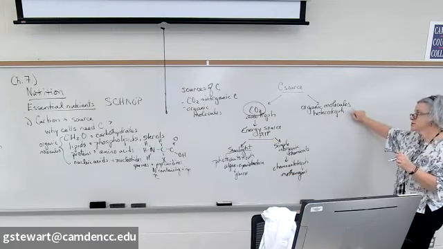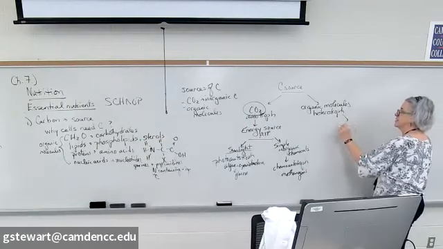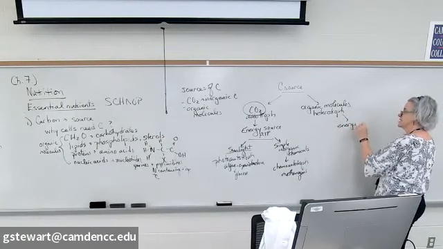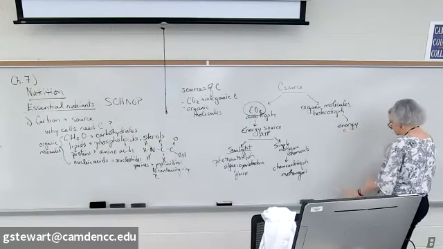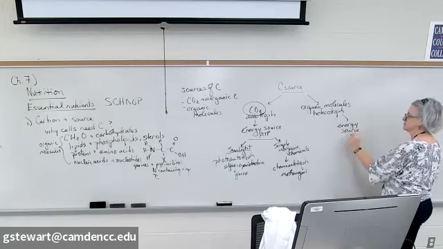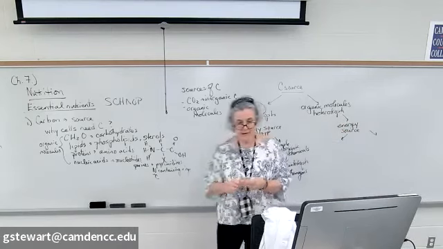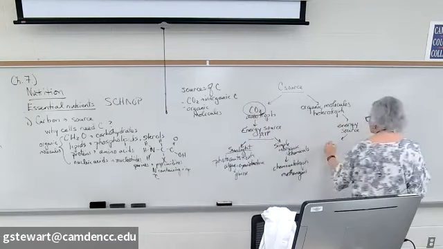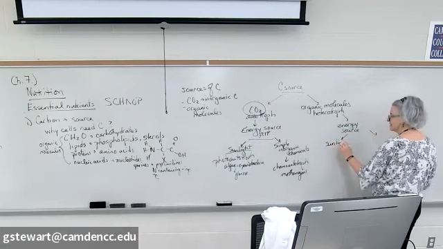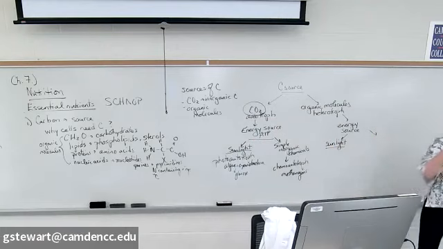Now, if you use organic molecules as your carbon source, again, then we can divide this up by how you make your ATP. Right? Believe it or not, there are organisms that can use sunlight and do a different kind of photosynthesis.